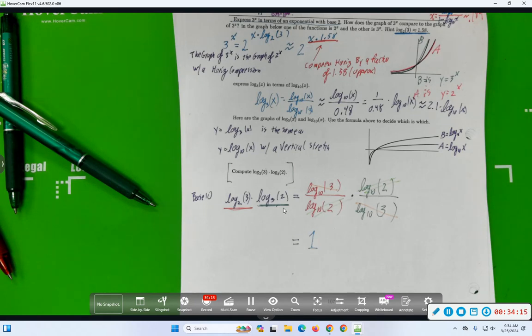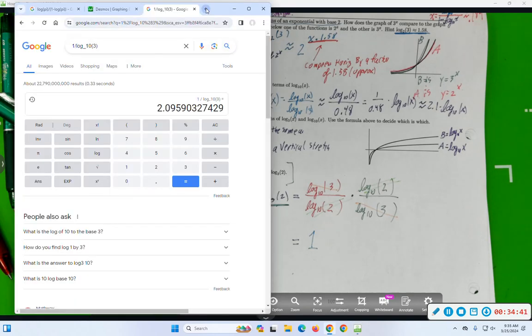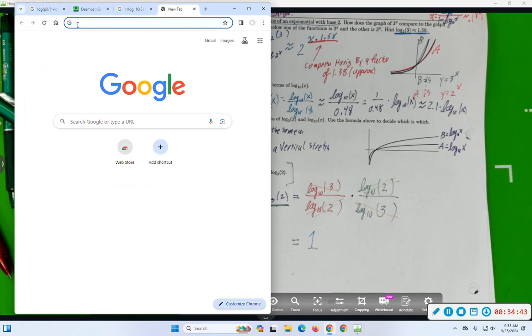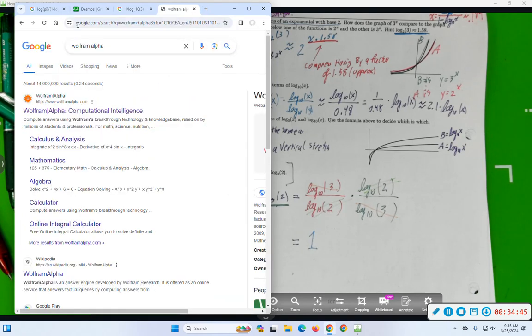Use a machine for me and compute log base 2 of 3 times log base 3 of 2. This will be a more meaningful exercise for some than others. I don't know, maybe I'll play along too. Google Calculator is a little bit bad with logs and multiple bases, so I'm going to use Wolfram Alpha.